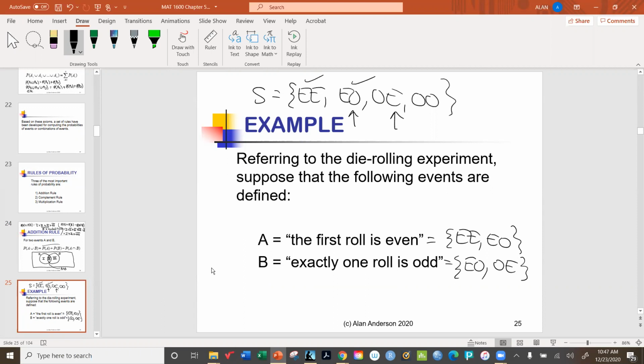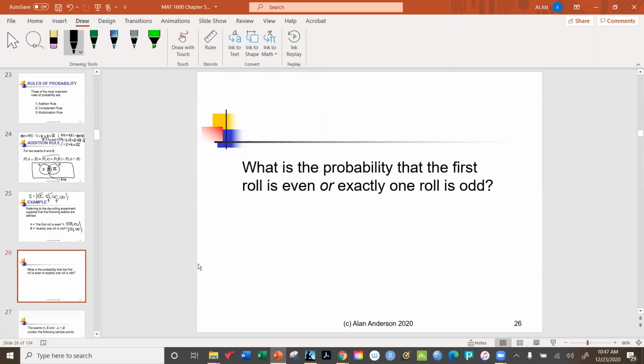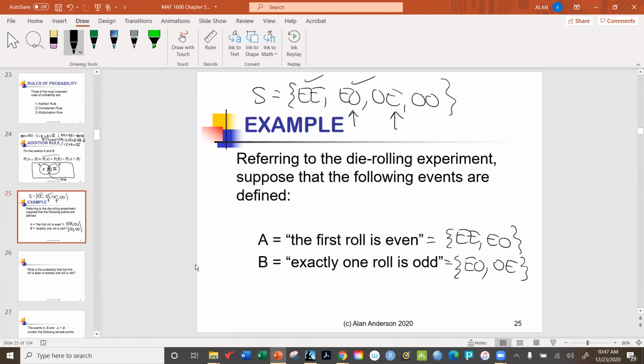So what's the probability of getting A or B? All right, now remember, the English word or corresponds to union.